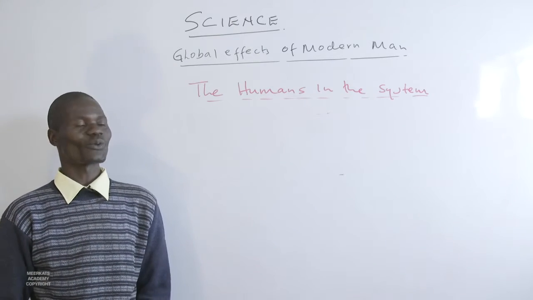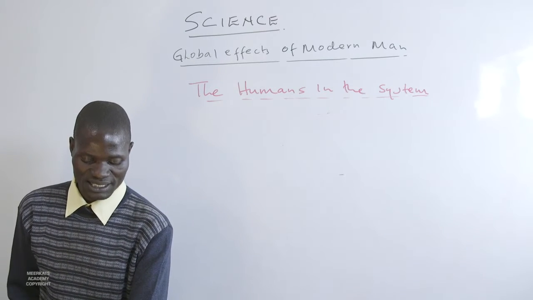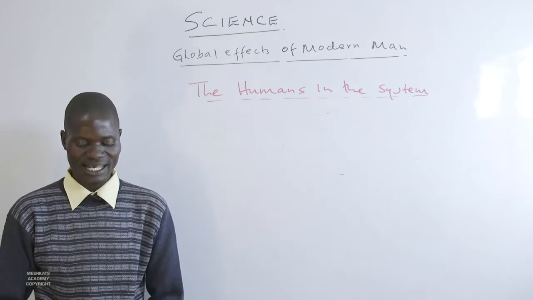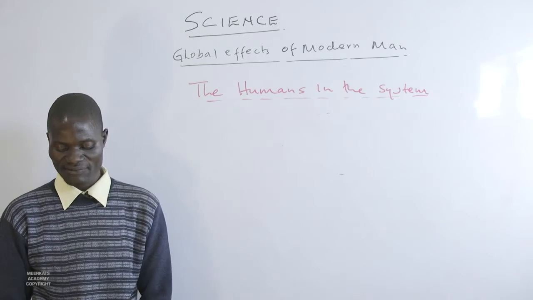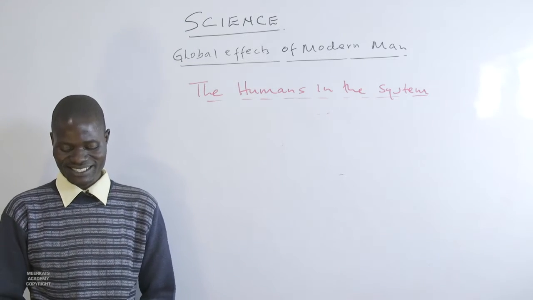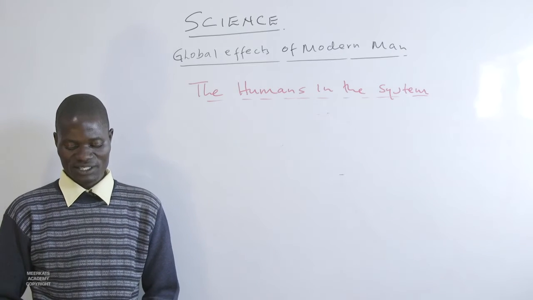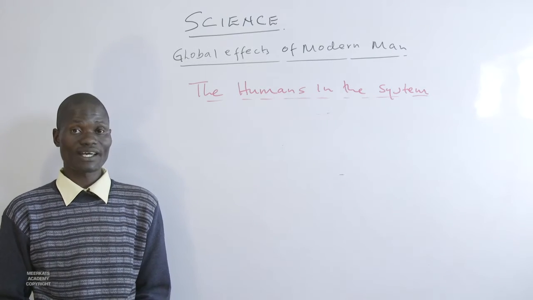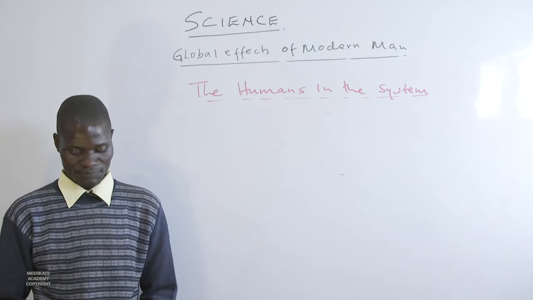But perhaps when we look at the human system, it forms part of the life on Earth. Humans are very intelligent beings with the unique characteristic that they can be responsible for the scale of the impact on the environment.